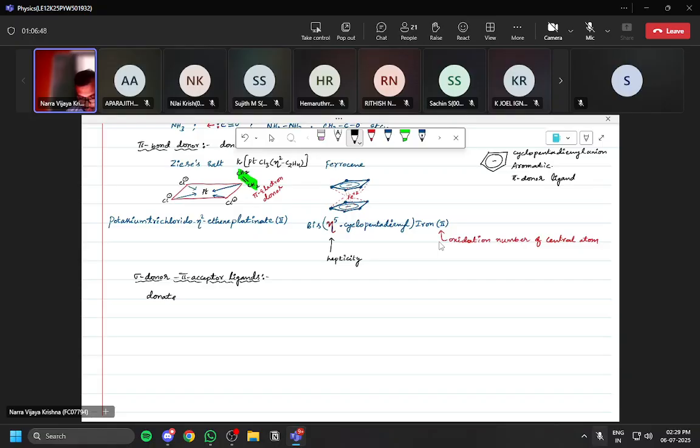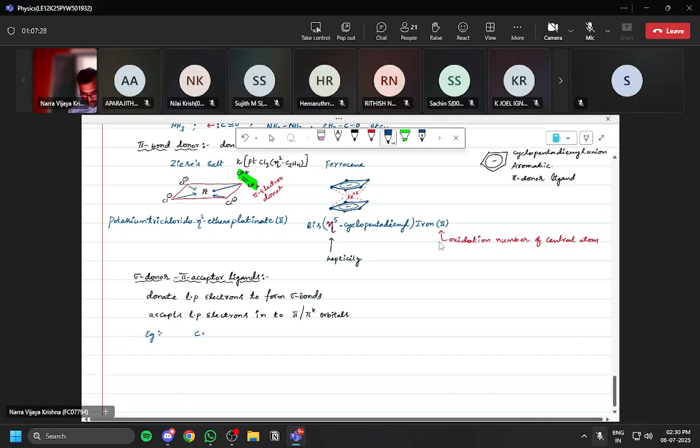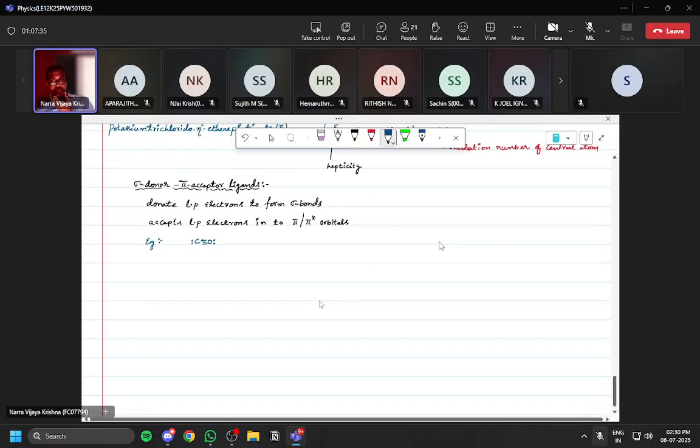Donate lone pair electrons to form sigma bond and accepts lone pair electrons into either pi or pi star orbitals. Right? Example, carbon monoxide.